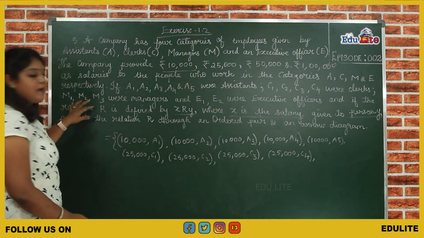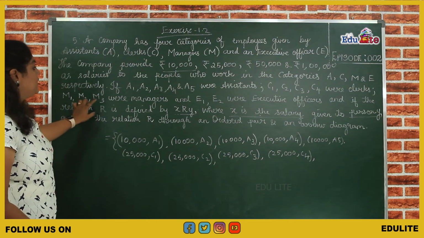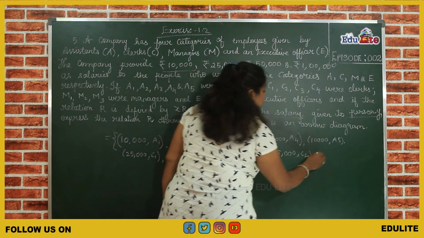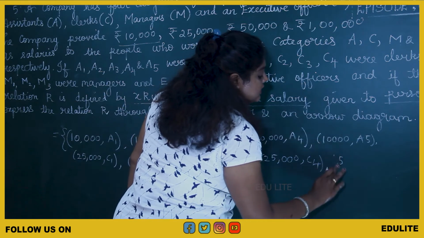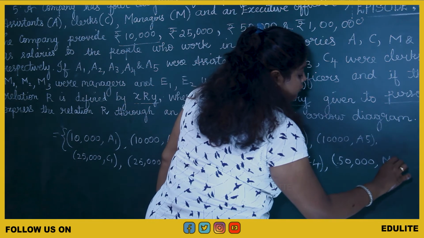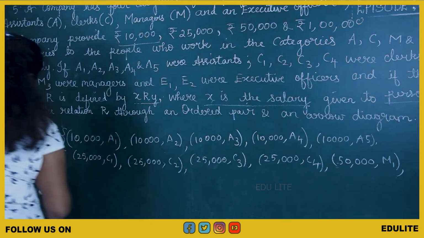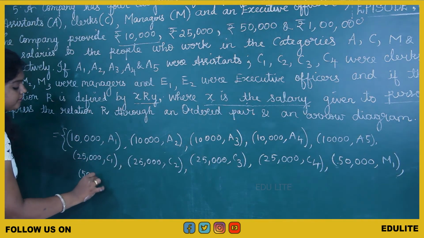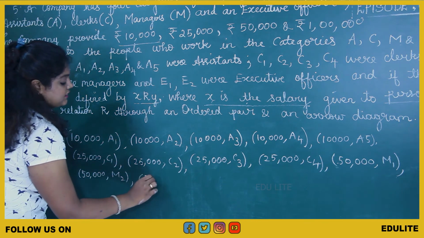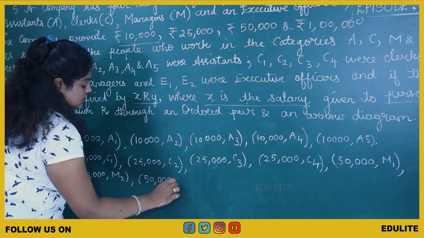Next we will move on to the managers M1, M2, M3 and they have a salary of 50,000. So we have to write it in the format 50,000, M1 and 50,000, M2, 50,000, M3.